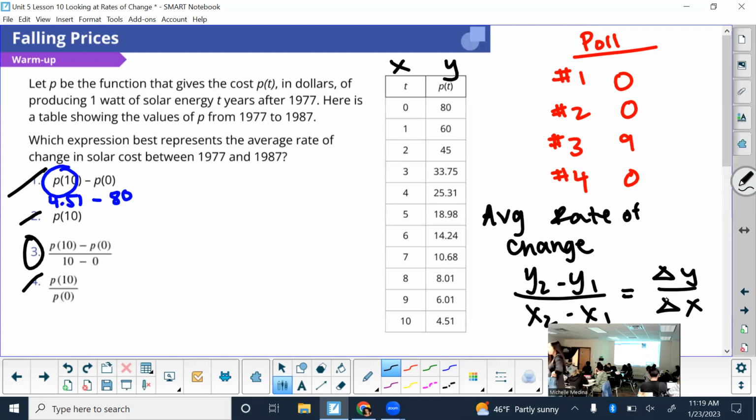But what test strategy have you heard before that, if you have absolutely no clue what to do, what answer should you probably pick? B or C? I've always been told when in doubt, choose C. Yes, and I feel like that's true most of the time.